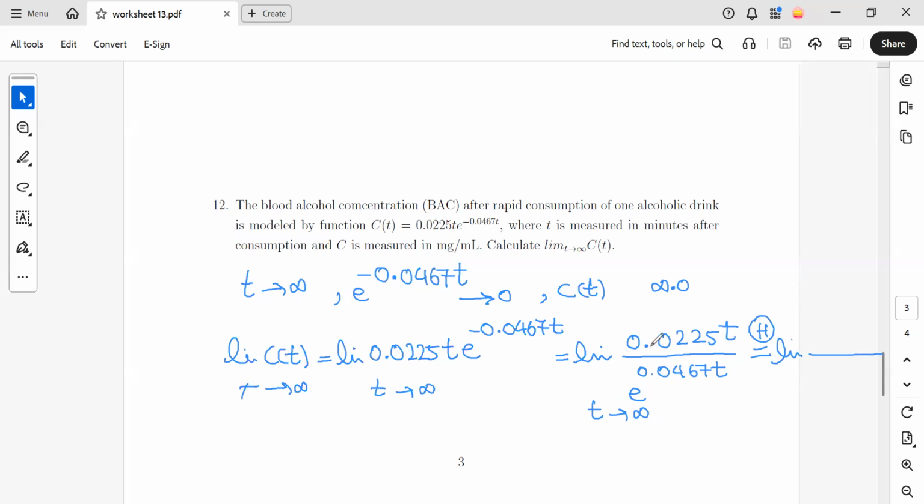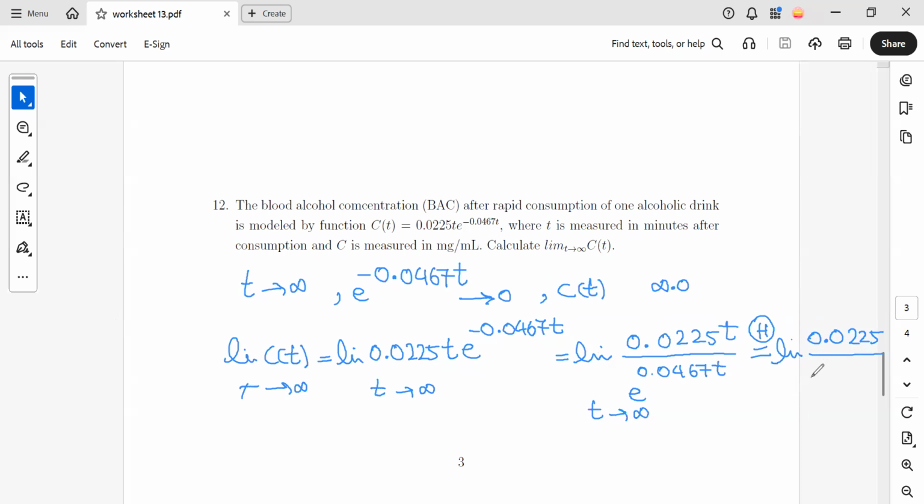We know that the derivative of the top is 0.0225 over, okay, this one here is correct.